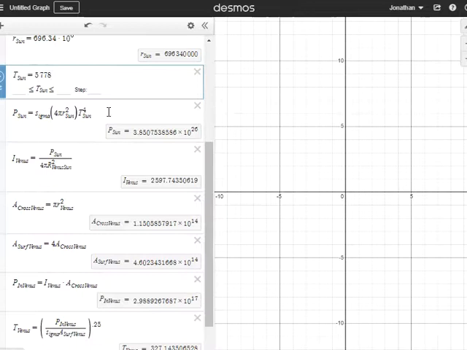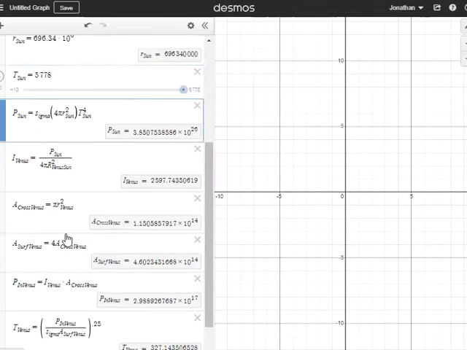Then I'm going to apply Stefan Boltzmann's law: the power of the Sun is equal to sigma times the area of the Sun, which is 4 pi times its radius squared, times its temperature to the 4th power. I did not include the emissivity, but I'm just assuming it is 1.